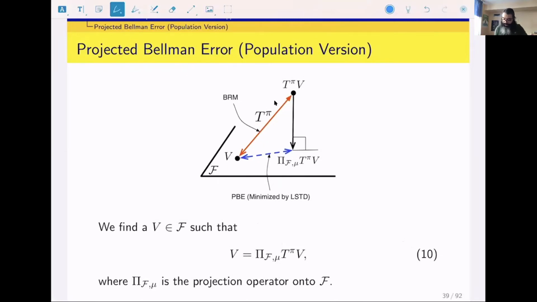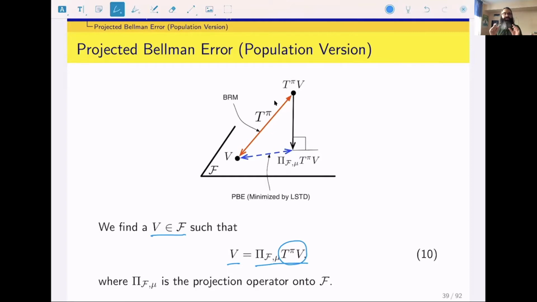Okay, so as I mentioned, we find a V within function space F such that, for example, V is exactly equal to the projection of T pi V onto function space F. So that's one formulation, a fixed point equation.